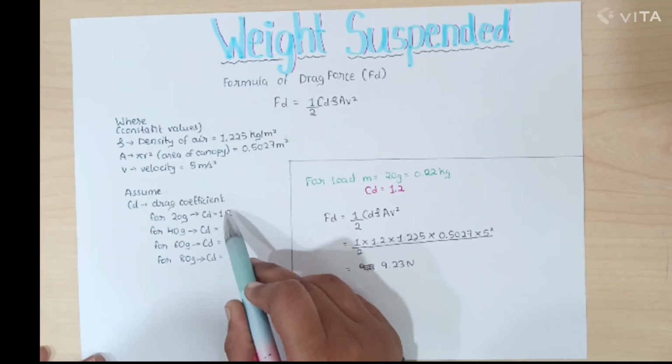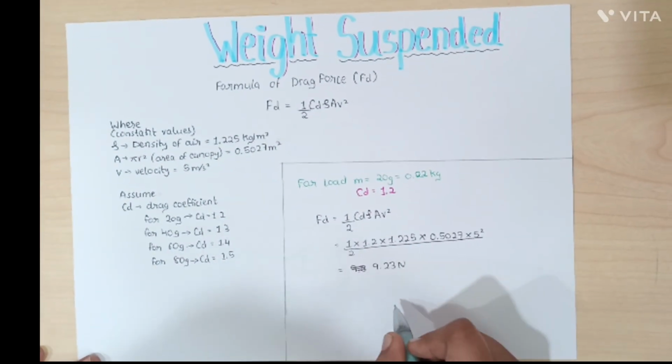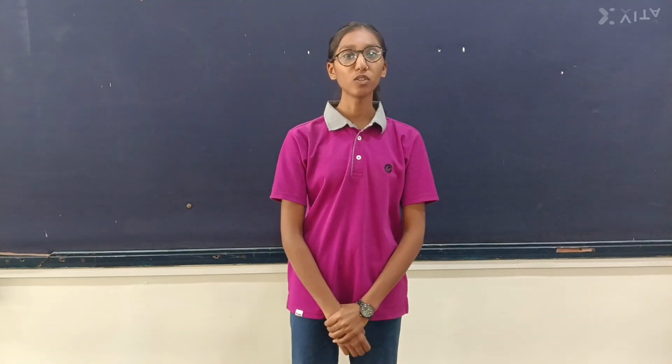And the drag coefficient values are also assumed. The same formula is used to calculate drag force with varying mass as 20, 40, 60 and 80 grams. The drag force is then calculated using the drag coefficient values as 1.2, 1.3, 1.4, 1.5 respectively.